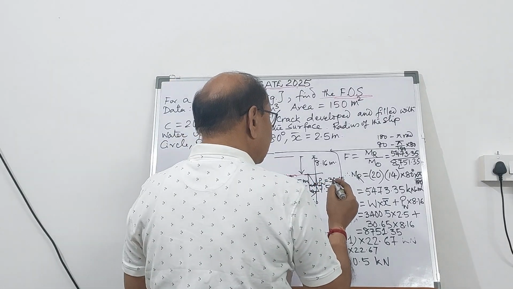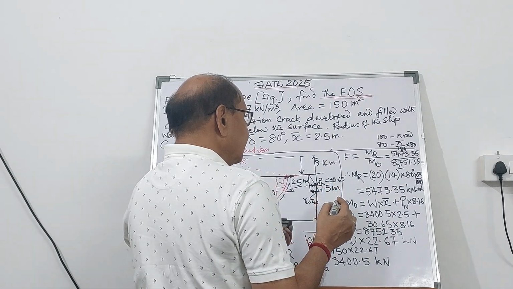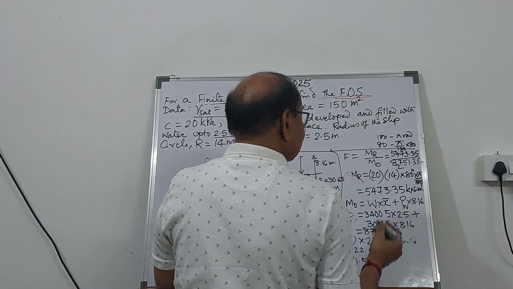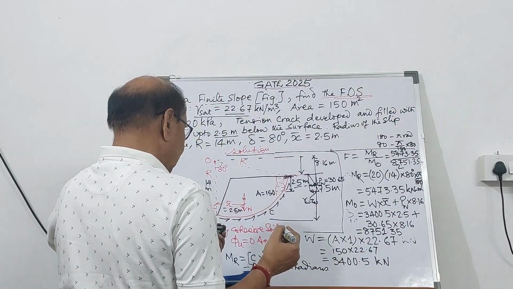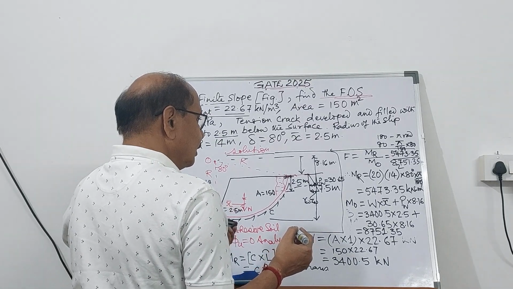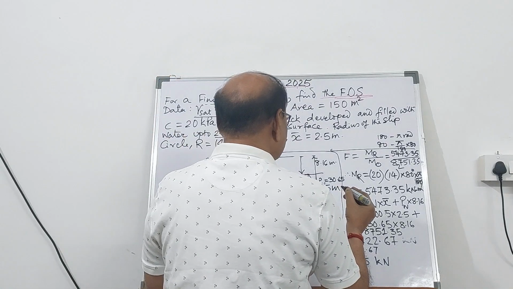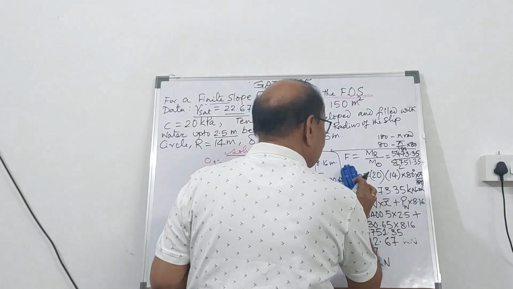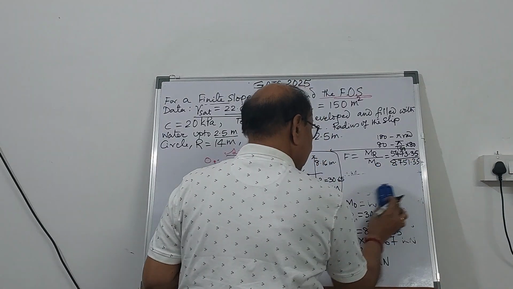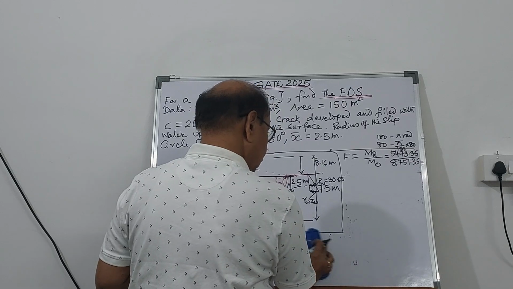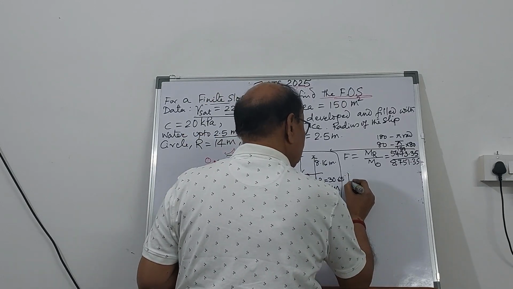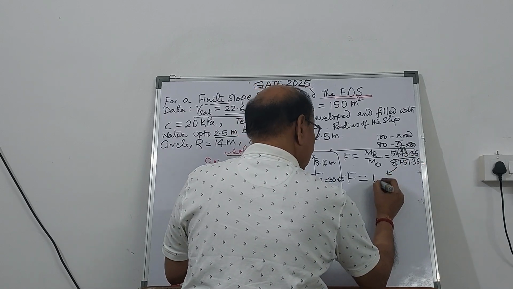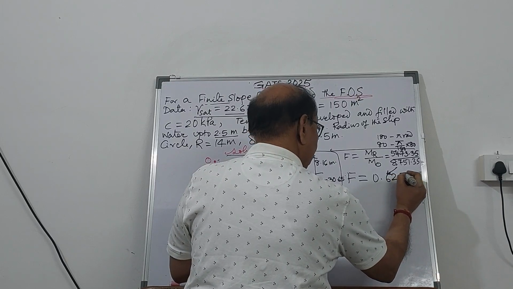0.625. Therefore, the factor of safety comes out to be 0.625, because the overturning moment is greater than the resisting moment. See here. So naturally, the factor of safety is coming out to be 0.625.